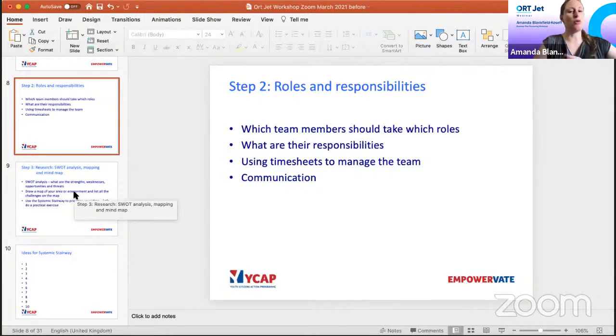Others don't. It's more outcomes based, so if there's a specific thing that needs to be done by a specific time, then it doesn't matter if they do it 2 hours every day or 5 hours every day. As long as it's done by the end deadline, it's fine. So it depends on what kind of business you're in, and you can decide how to do that. But in the team, you have to agree on it. Communication is key. So that is the key message for step 2.